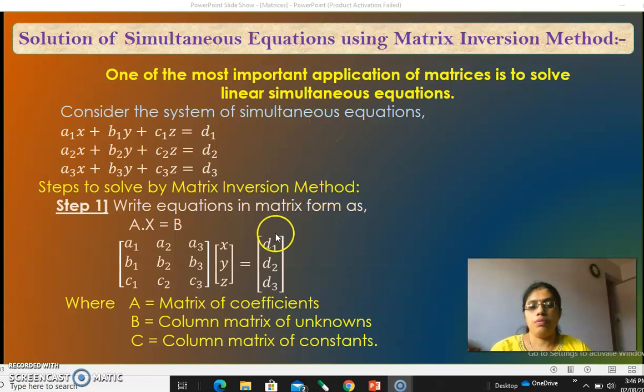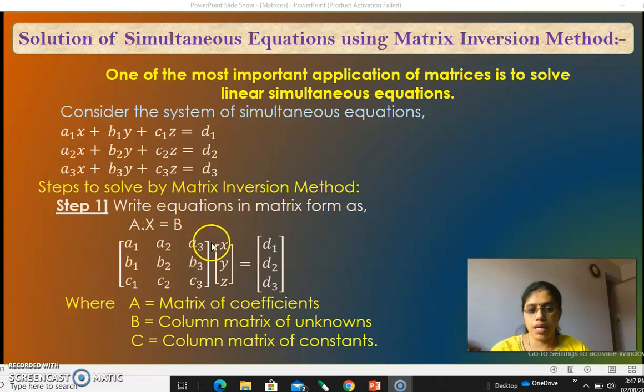Again, you have to remember a few steps here. First of all, the steps to solve by the matrix inversion method. Step number 1 is to write those equations into matrix form. The matrix form is simply capital A into capital X equal to B. What are those A, X and B? They are all matrices. Capital A, see the matrix is here.